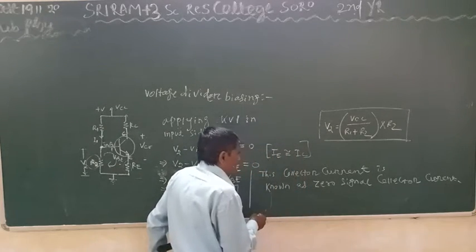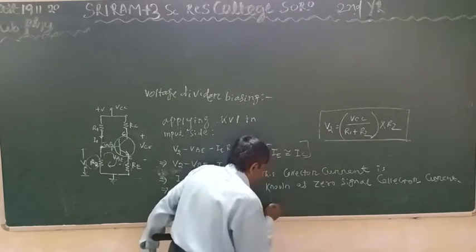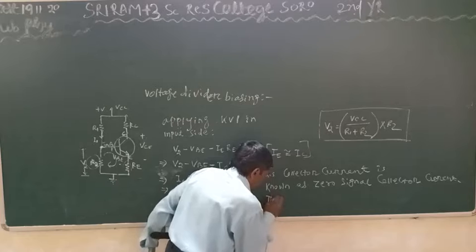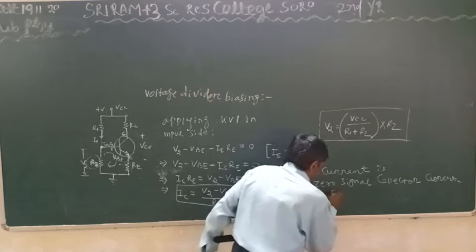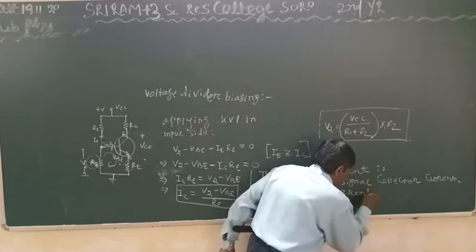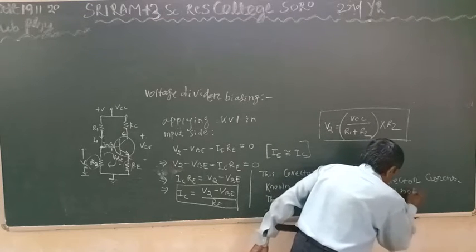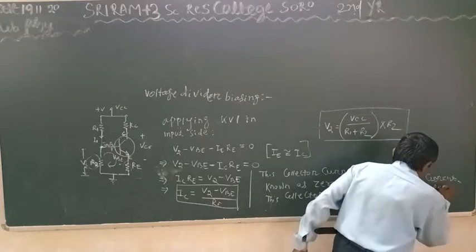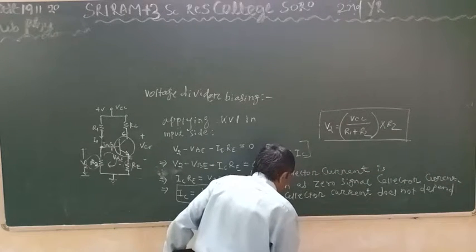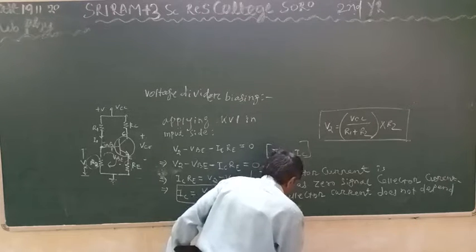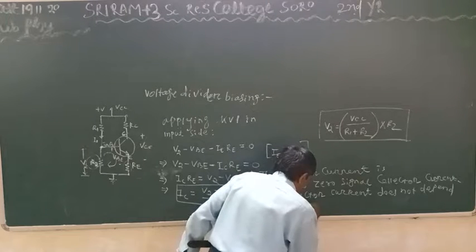This collector current does not depend upon the value of beta.